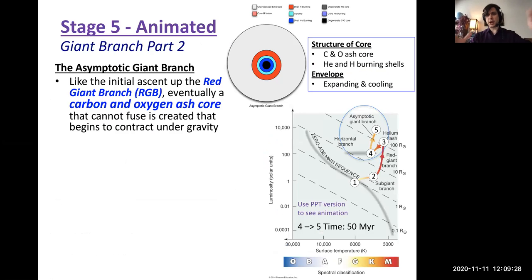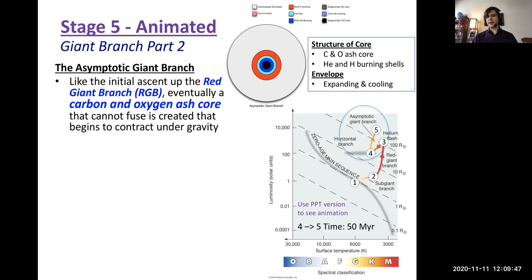All right, so here we are at the beginning of the asymptotic giant branch. The star has been living its happy hydrostatic equilibrium life on the horizontal branch with helium to carbon and oxygen fusion in the central part of the core, surrounded by a shell of hydrogen to helium fusion.